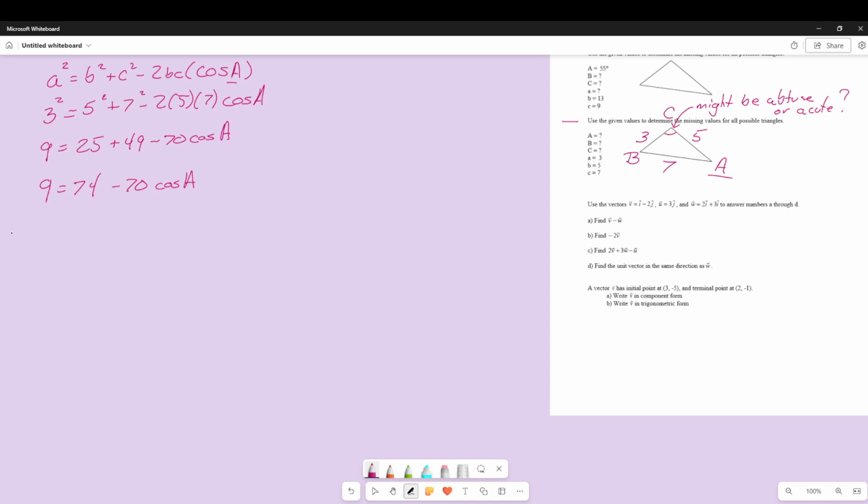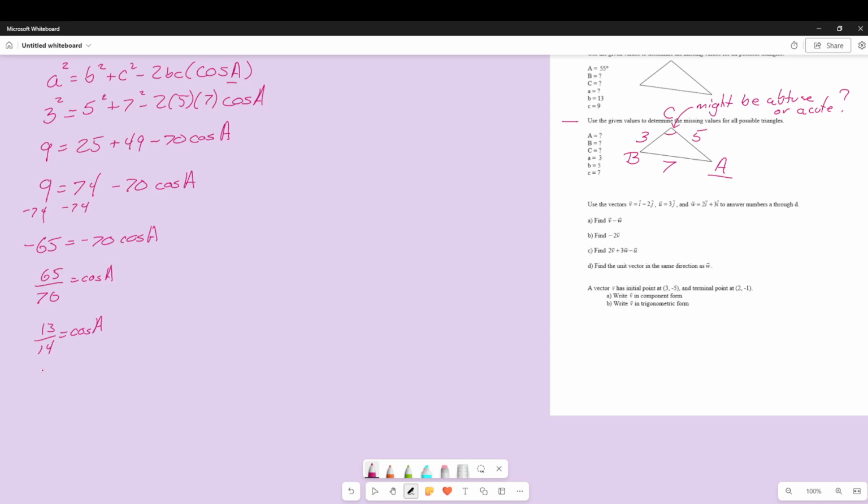I know I mention that every time, but it's such a danger. So if we want to continue solving for A, we got to subtract that 74 off, and we'll get negative 65 equals negative 70 cosine A. Divide by negative 70, and we get 65 70ths. The signs cancel, equals cosine A, and I would be tempted to reduce that to 13 14ths equals cosine A by dividing out the common 5.